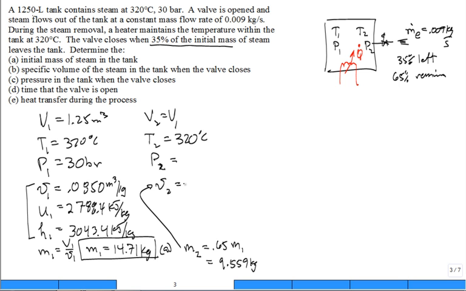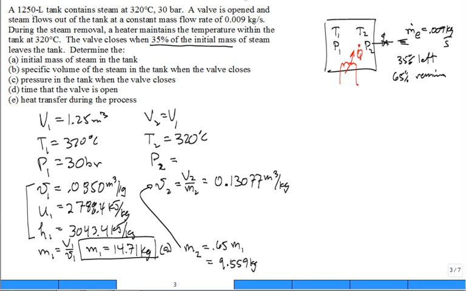So v2 is volume per unit mass, volume 2 divided by m2. We now know the mass that remains in the tank. There's a specific volume of the fluid that remains in the tank. Is it greater, less, equal to the specific volume of the steam that was initially in the tank? That's right. So it's 0.13077 meter cube per kilogram.